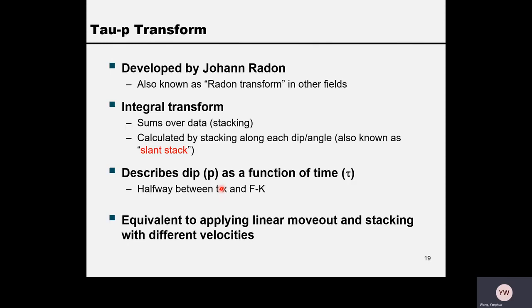So you can see that the tau p transform is halfway between Tx and FK. It is equivalent to applying a linear moveout, rather than hyperbolic moveout, and a stack with different velocities. So that's the difference. Linear moveout, rather than hyperbolic moveout.